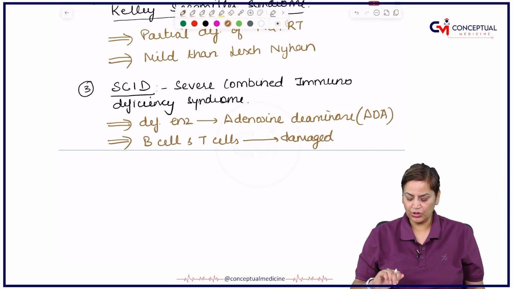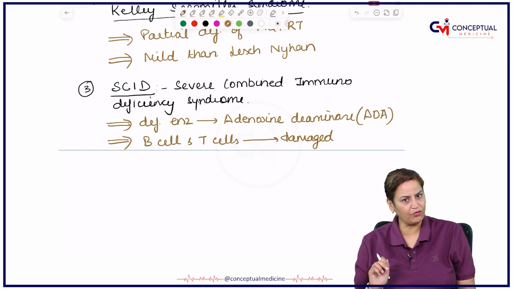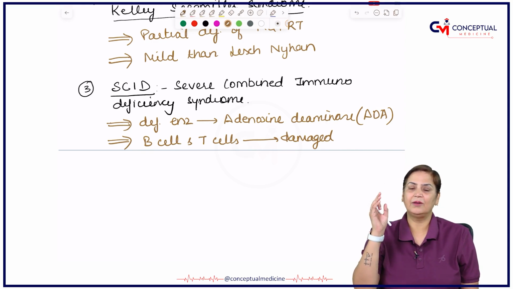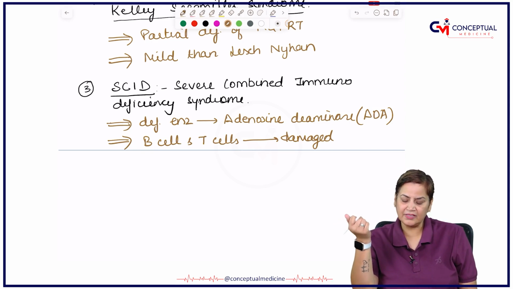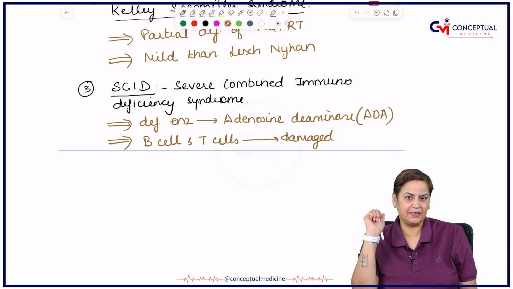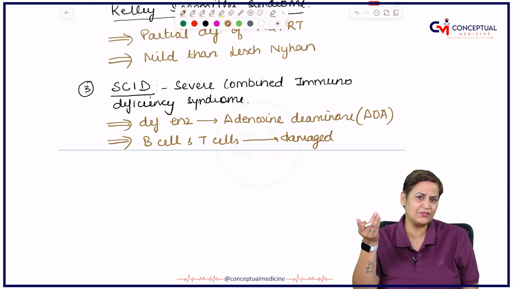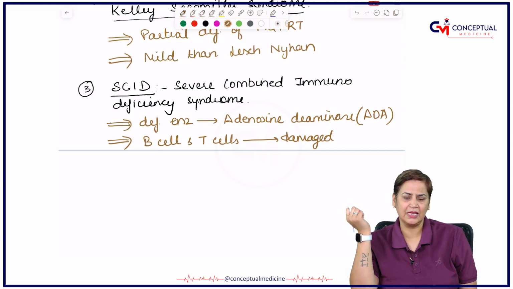So these are the main inborn errors of metabolism associated with purines. The most important one is gouty arthritis. The second one is Lesch-Nyhan syndrome, and the third one is SCID. For gouty arthritis, I told you the main reasons which can lead to gout. Basically there is pain and inflammation in the joints.